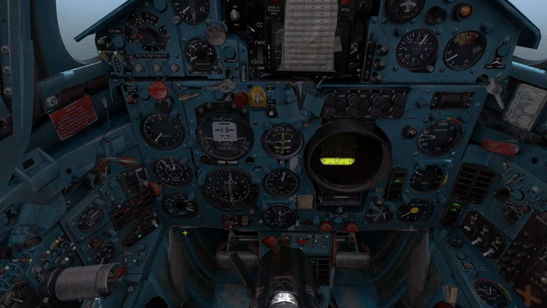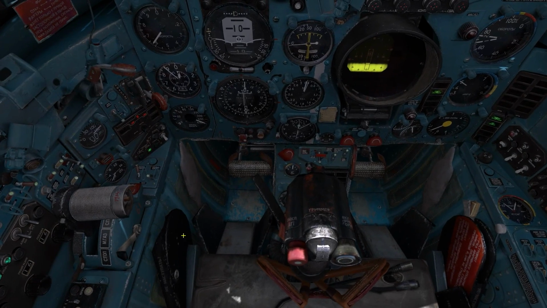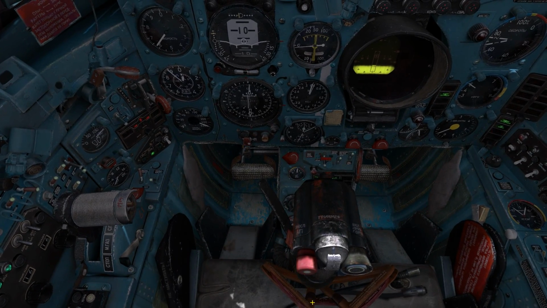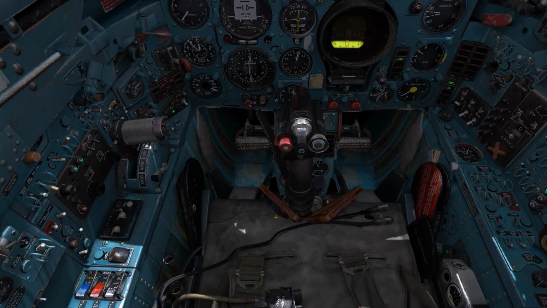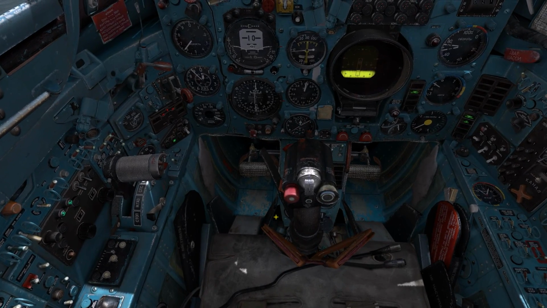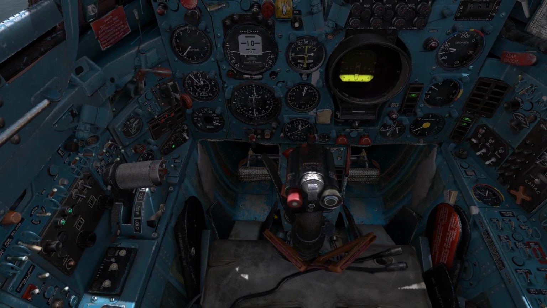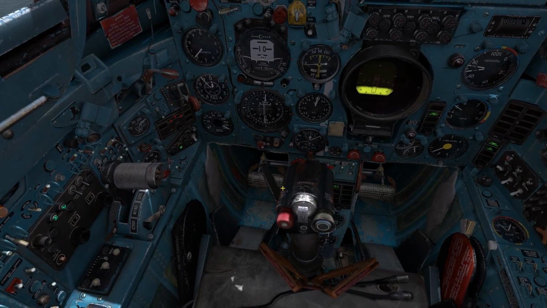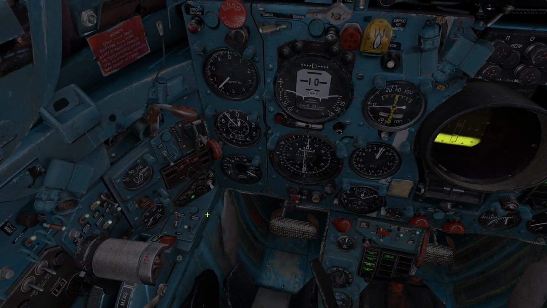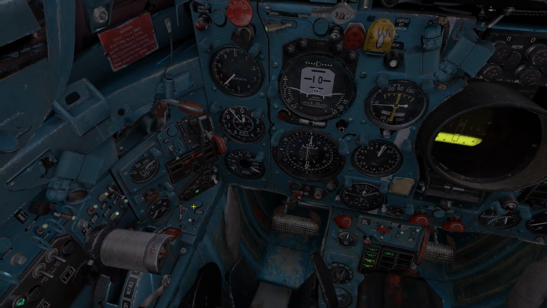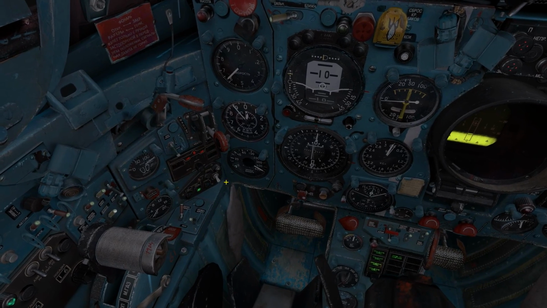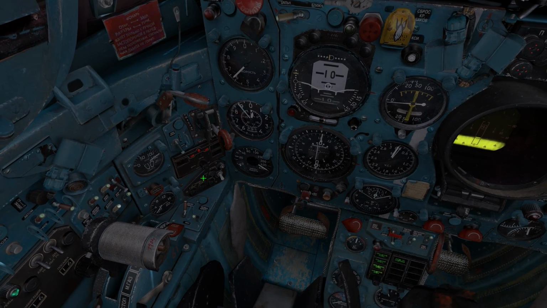Another very important thing, which is a bit strange: normally this red switch on the joystick is the autopilot disconnect. Whenever you're in the recovery mode, you can push this button to disconnect the autopilot. However, with the SAU landing mode this doesn't work for some reason, and you have to push this reset switch down here.